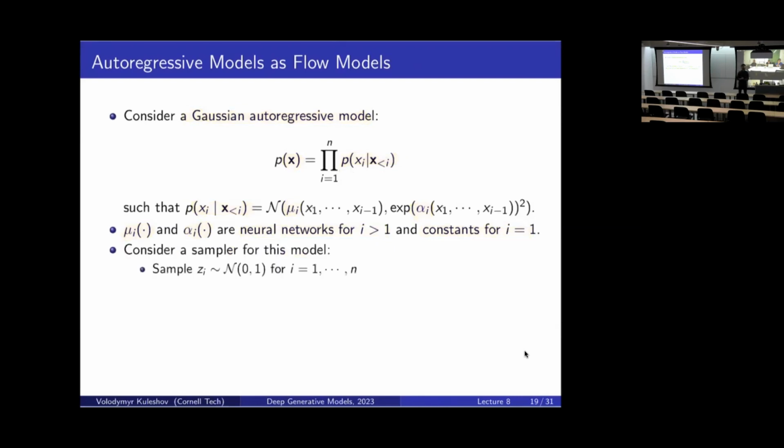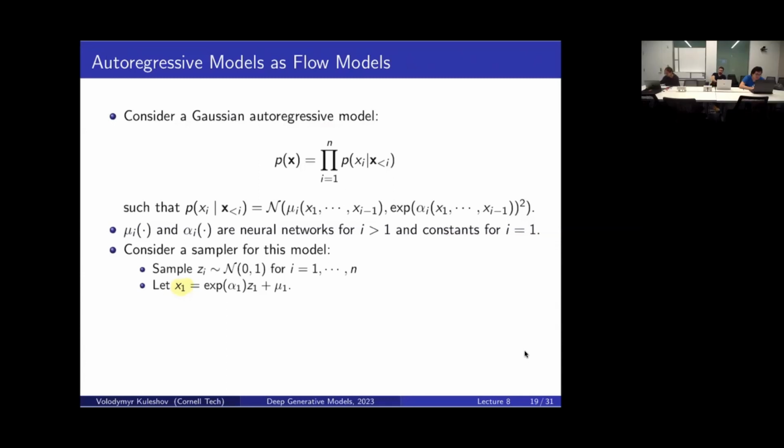So this is the model that we're going to start with. And now consider what sampling means in this model. Let's say we have somehow learned this model from data. Now we want to sample X from this model. The way that we would perform sampling is we could first start by generating a vector of normal variables, zi, and then from zi, we can get xi by the following transformation. x1 is a Gaussian with mean mu and log variance alpha.